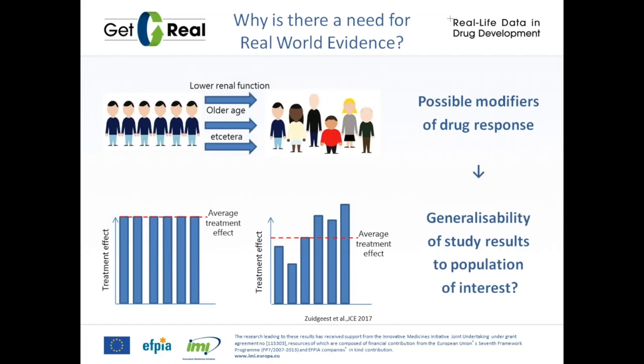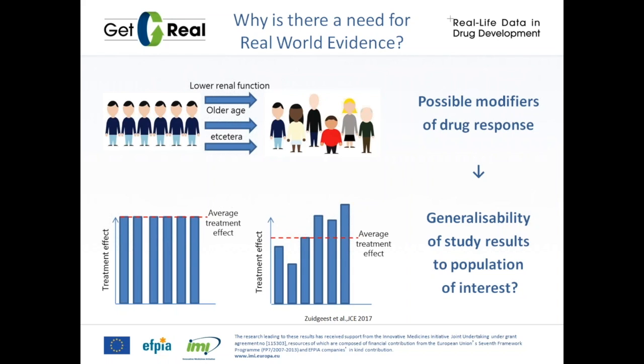And to put that in perspective, it's good to speak a few words on real-world evidence and where pragmatic trial design comes in. This slide summarizes what we're talking about when we talk about the need for real-world evidence, and that is that clinical trials have been instrumental in providing evidence on the benefits and risks of drugs, but they typically give an average effect in a rather selected population that was felt adequate for that particular study.